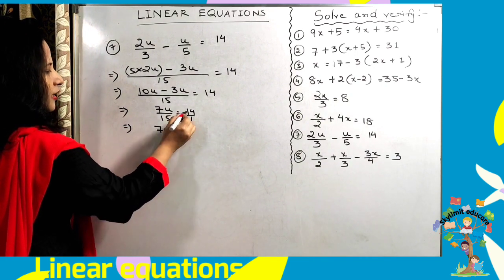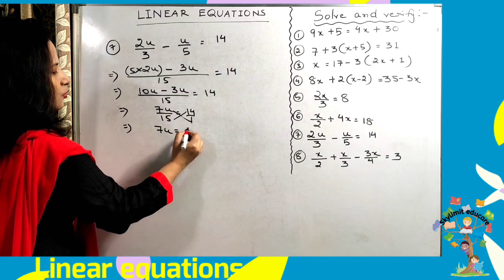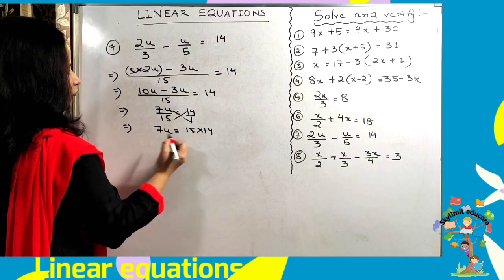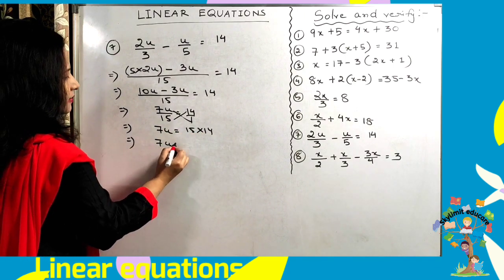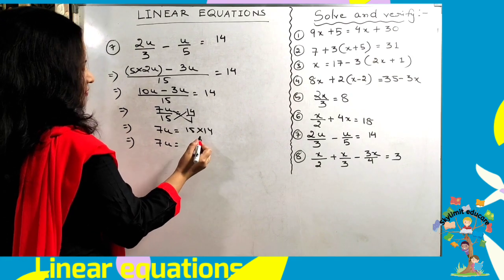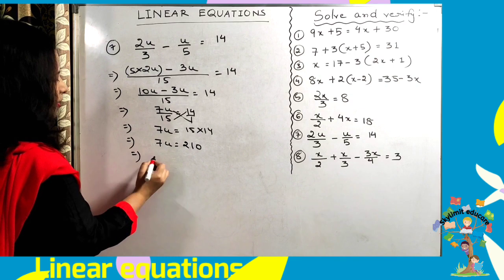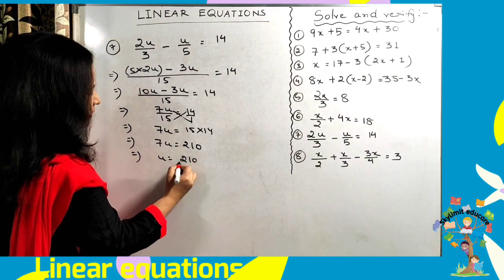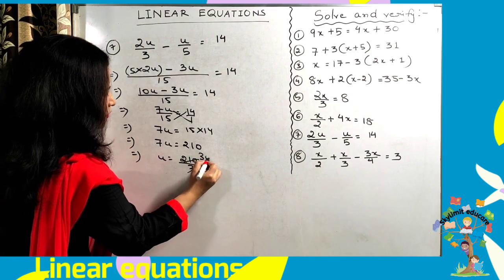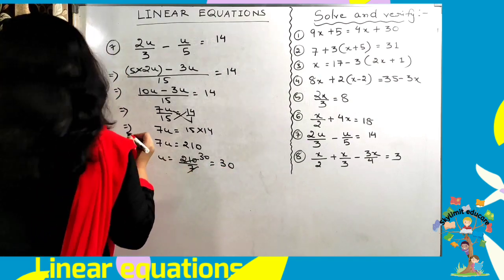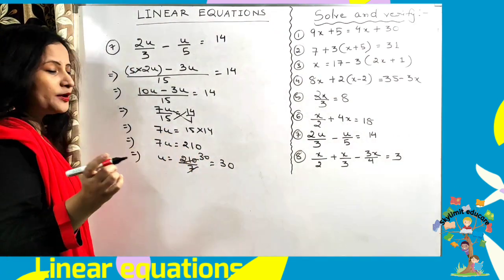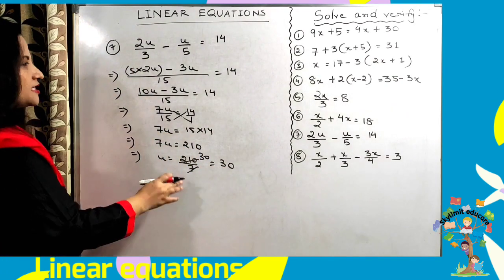So 7u will be equal to 15 multiplied by 14. How much will you obtain here? 210. So now u is equal to 210 by 7. So we got the value of u to be 30. Right? Now let us substitute the value.